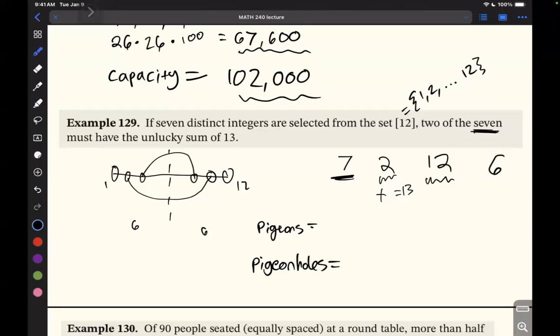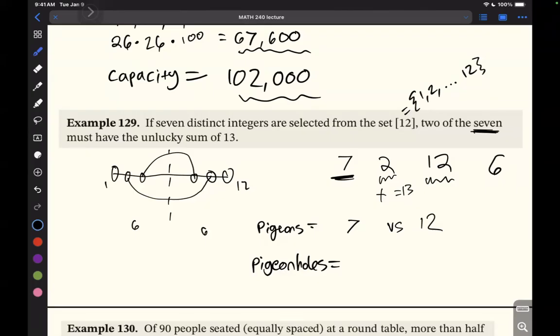Okay. Between 7 and 12, who votes that 7 is the number of pigeons? 1, 2, 3, 4, 5, 6, 7.